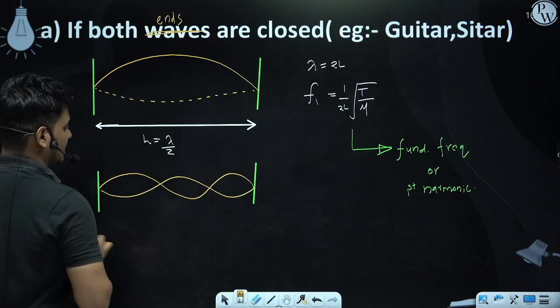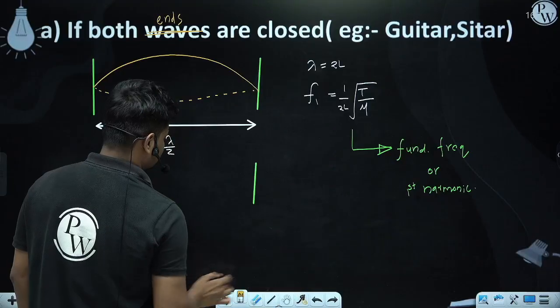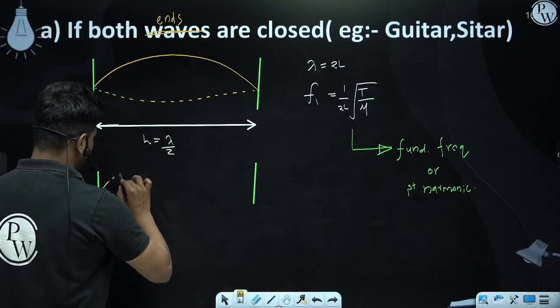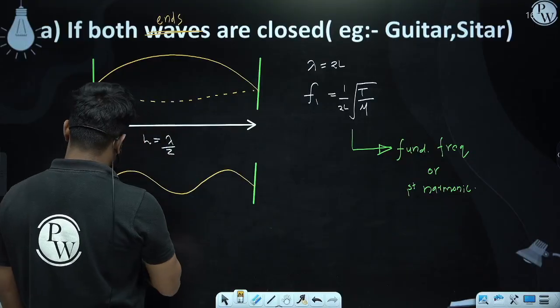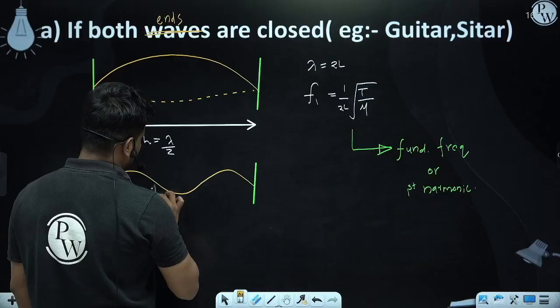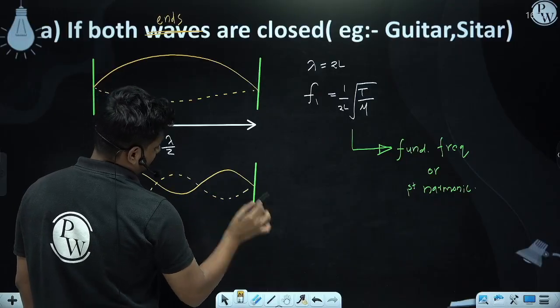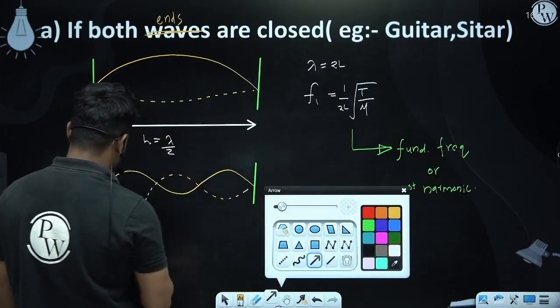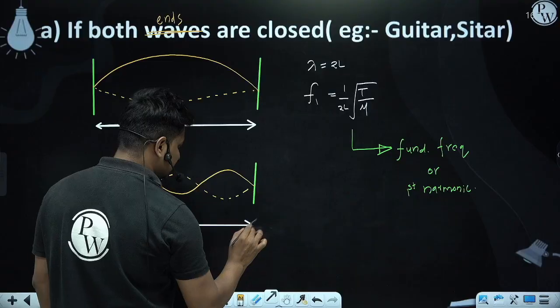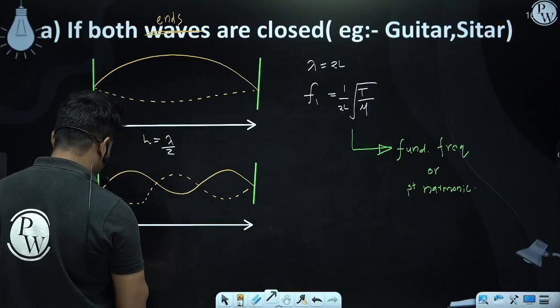If it is like that, so what is the length? This length of this instrument is equal to what?